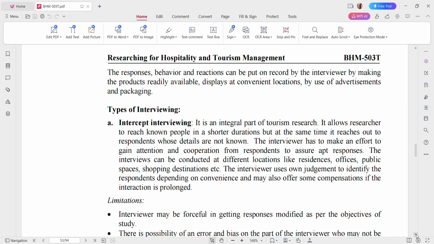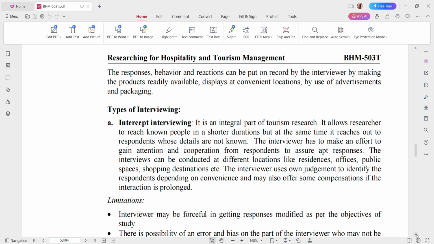Okay, now we have here types of interviewing. First, intercept interviewing. What does it mean? This one allows a researcher to reach known people in a shorter duration, but at the same time, it reaches out to respondents whose details are not known.